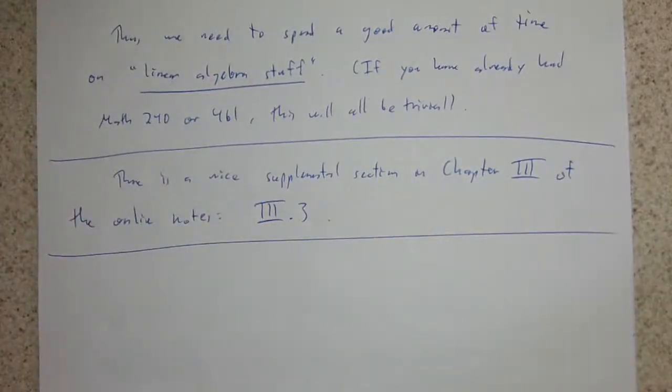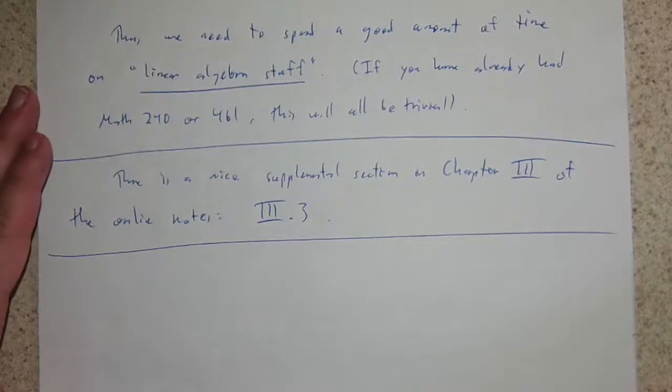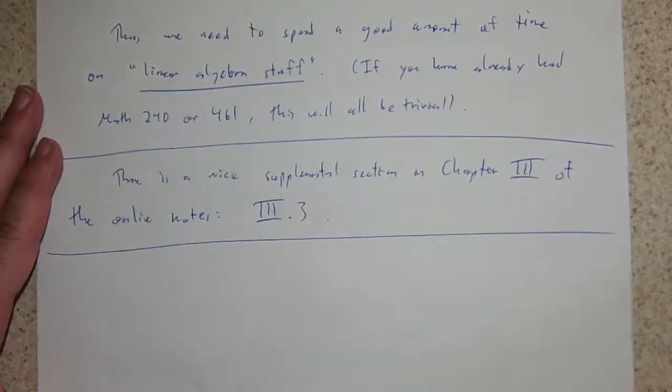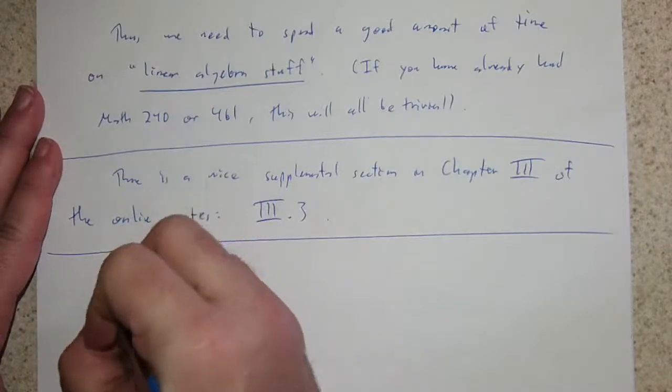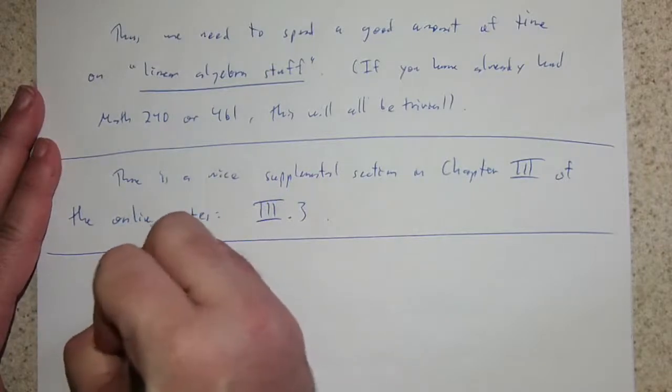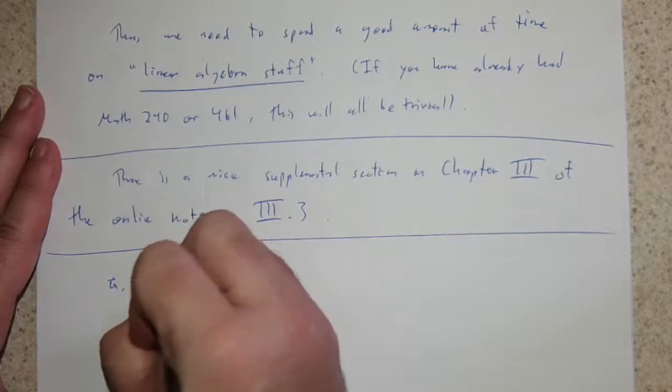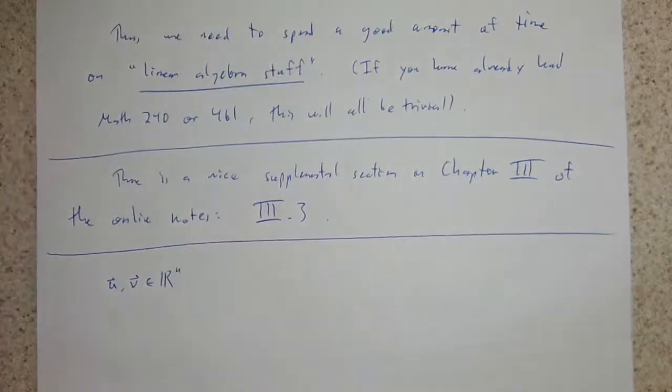So, what are the important bits? If I have, say, two vectors u and v in Rn, so these are vectors in Rn.